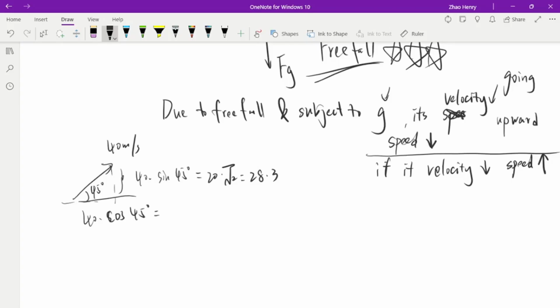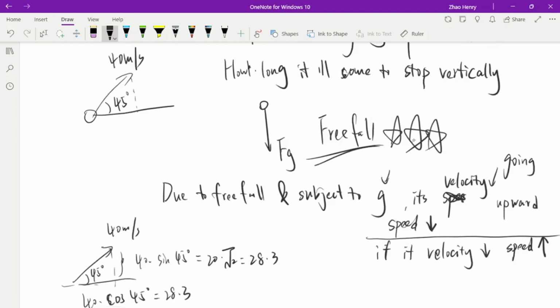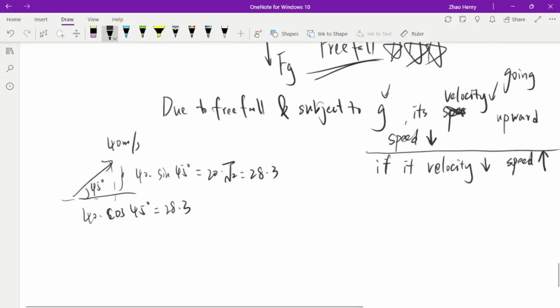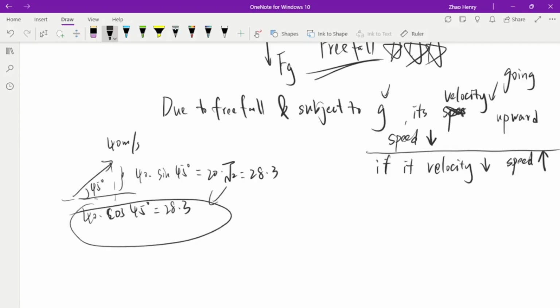It's also 28.3. Let's look at the free body diagram. There are no horizontal forces that will affect the ball's motion, which means the horizontal motion will never change. The ball stays at 28.3 meters per second all the time until it hits the ground. So we don't need to care about it.